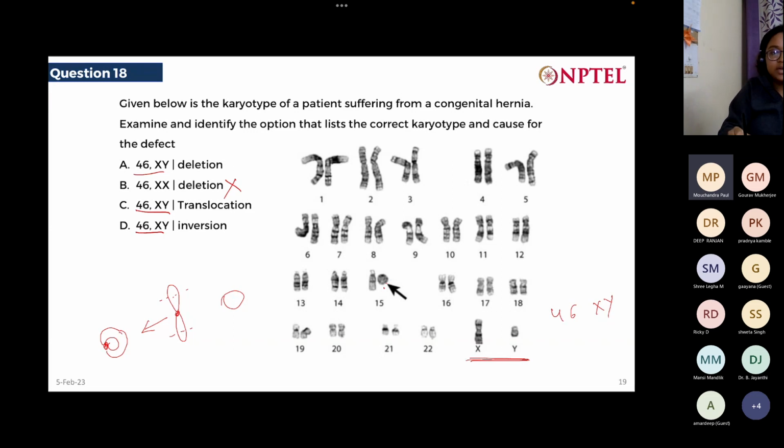And this part is destroyed, deleted, correct? So this ring-like structure comes from deletion of a few segments of the chromosome. So inversion is not happening. What is inversion?